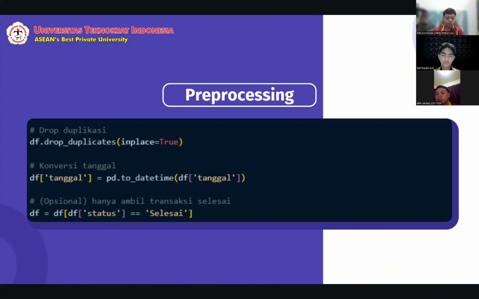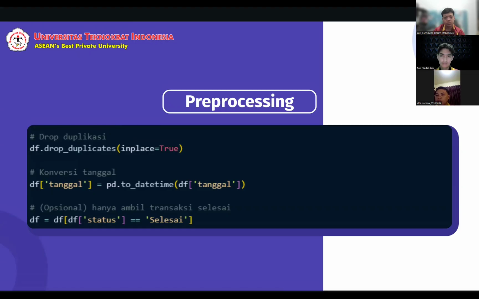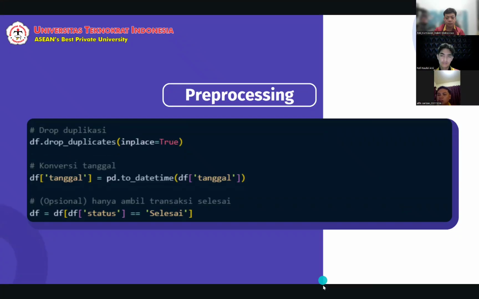At this step, you will remove duplicates, handle missing values, and standardize data formats such as dates and numerical types. Additionally, you can filter out incomplete transactions so that the analyst focuses only on valid and final data.